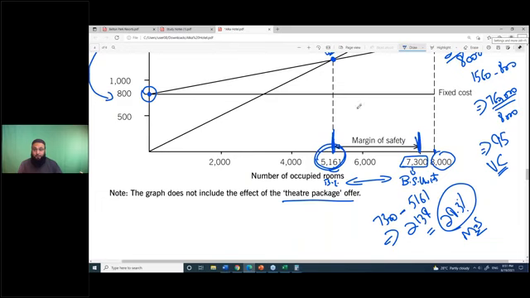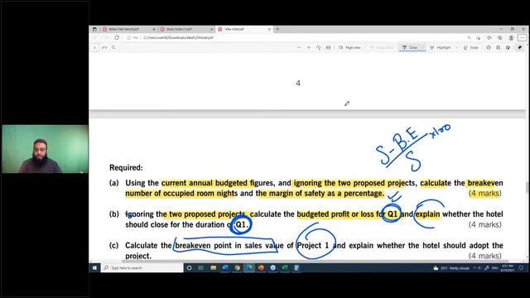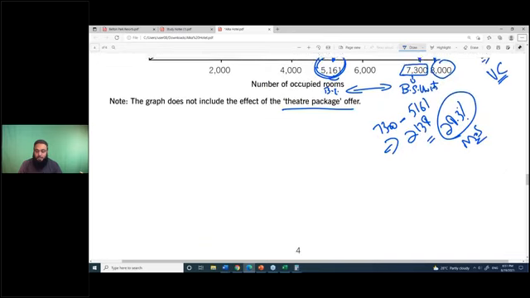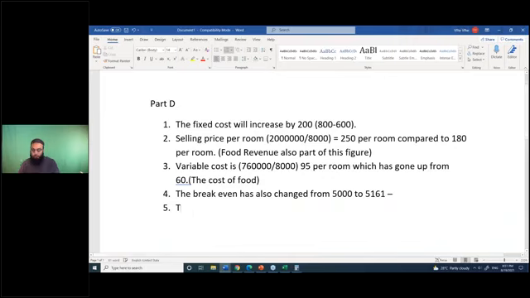So having said all these things, you must keep in your mind that I'll write here the MOS has improved, and I've done the calculations.